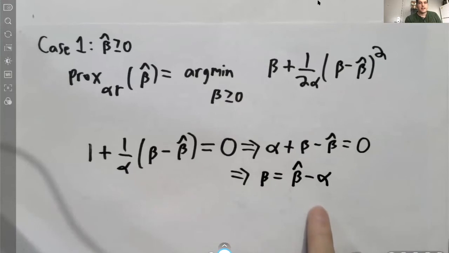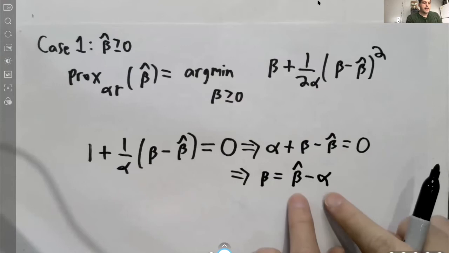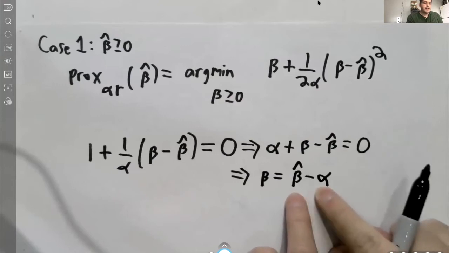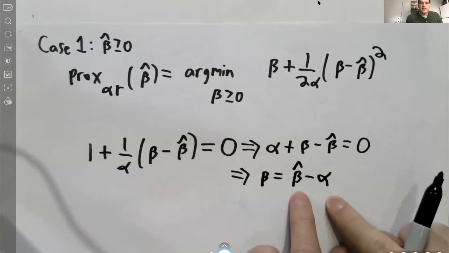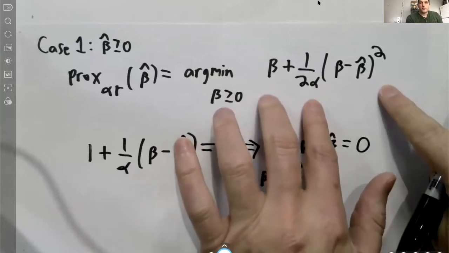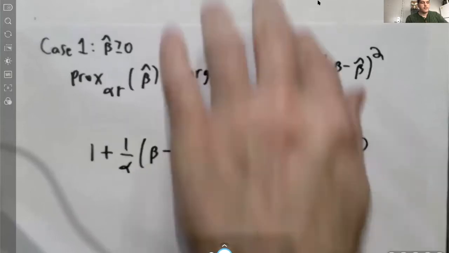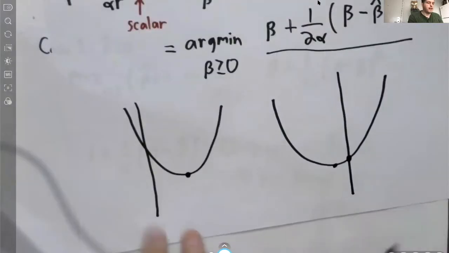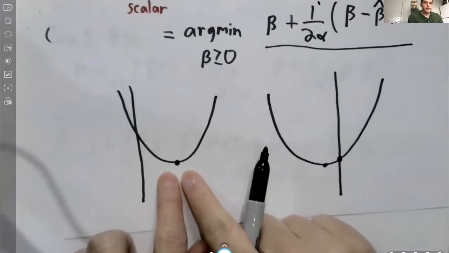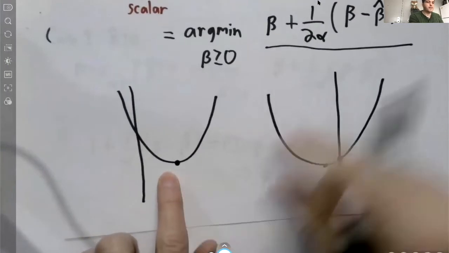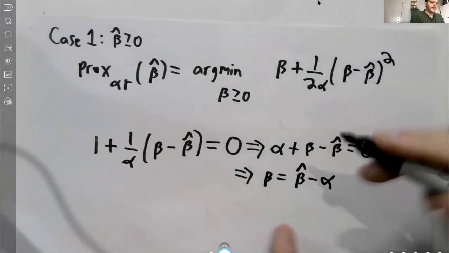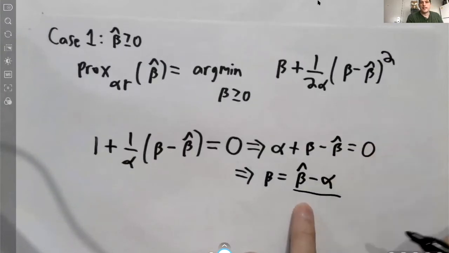And as I mentioned, there are two possibilities here. Either case 1, where beta hat minus alpha is non-negative, and that means that the vertex of our parabola is to the right of the y-axis. That means that we're in this case here, and that means that this is simply our best choice of beta.